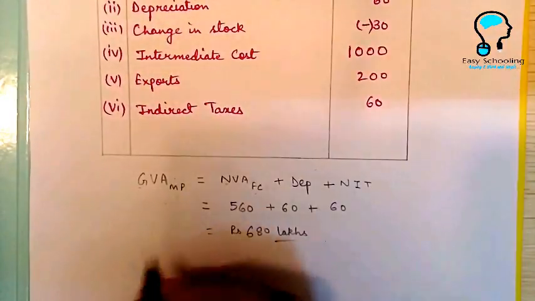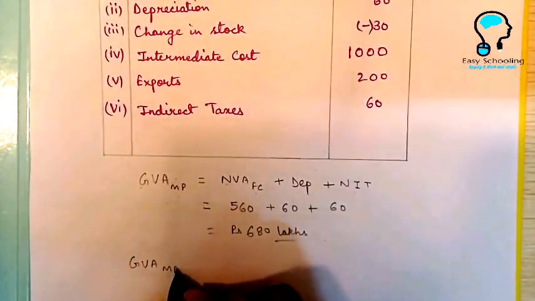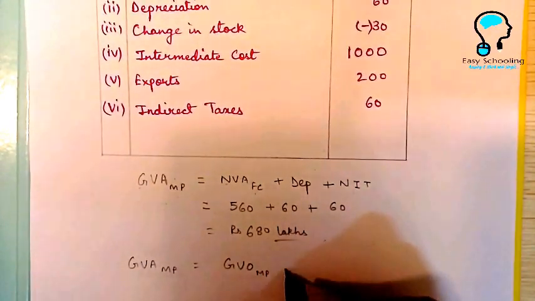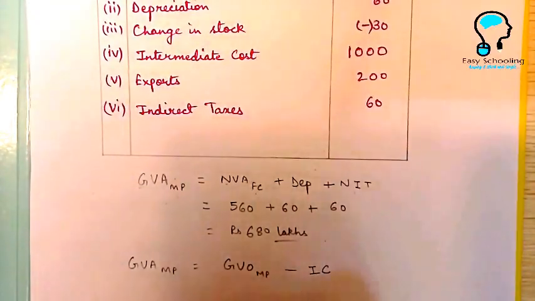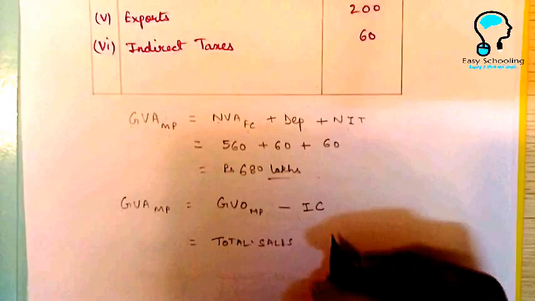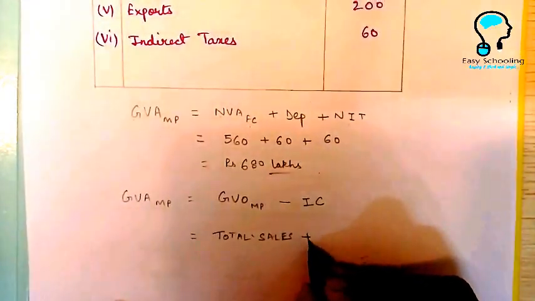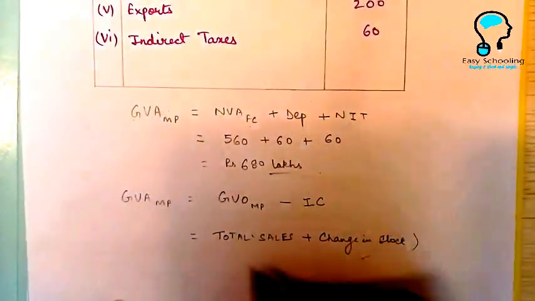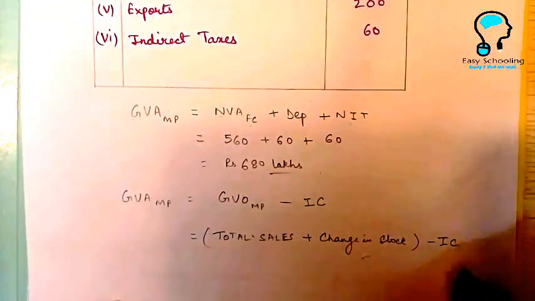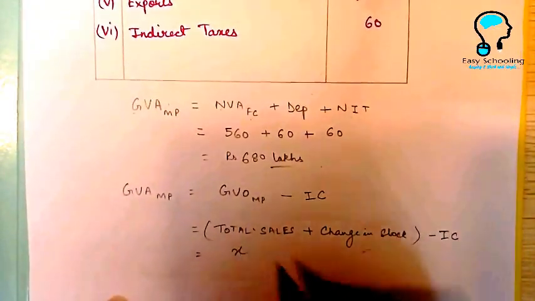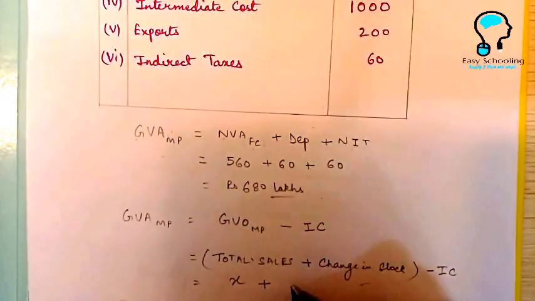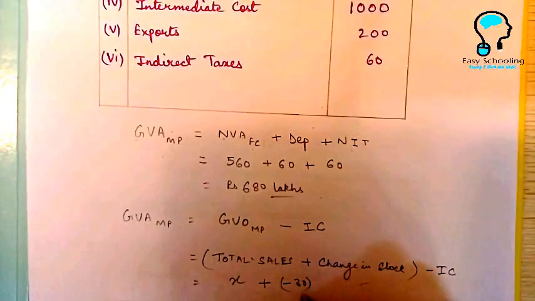What is the formula of GVAMP? GVAMP is equal to GVO at MP minus intermediate consumption. Again, break this down. GVO is total sales plus change in stock, minus intermediate consumption. Total sales we don't know, we'll take it as X. Change in stock is given in the question, minus 30.